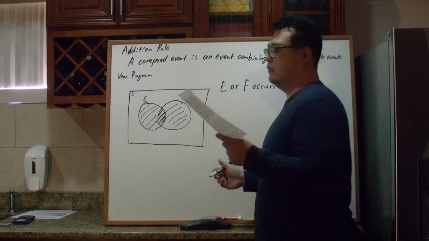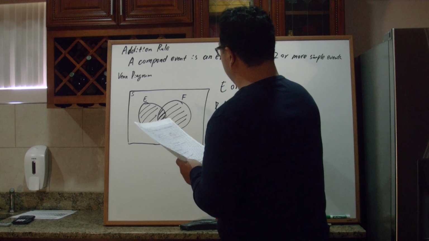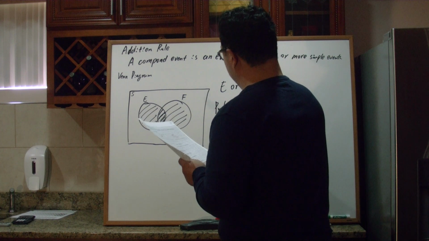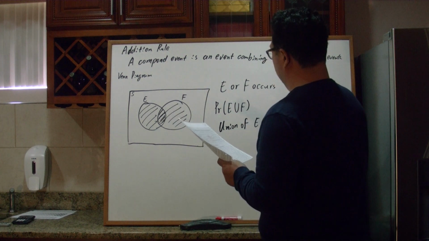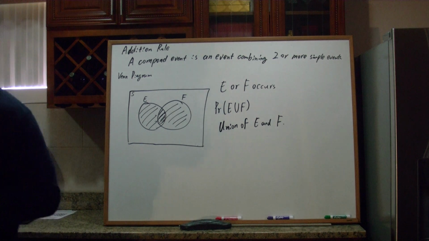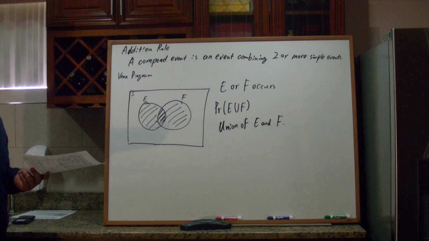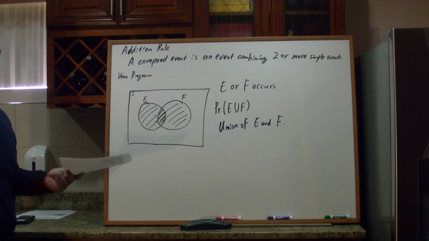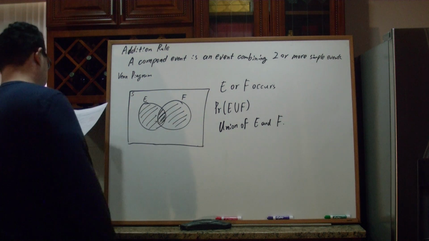That combination is written as the probability of the union. Usually we say E union F, the union of two events, which means E occurs or F occurs. That will count as the total entire shaded range.